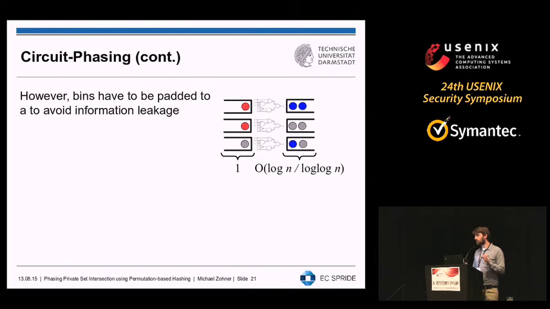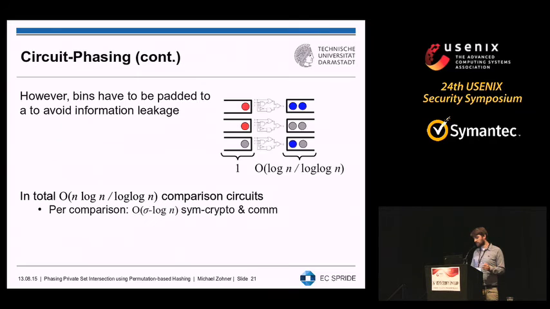So what we need to do is pad the bins to a certain number of elements. In Alice's case, we pad them to 1, while in Bob's case, we pad them to log n over log log n. So overall, we need around n log n over log log n comparison circuits, which each have around sigma minus log n bits, where we need for each of the sigma minus log n bits symmetric crypto and communication.